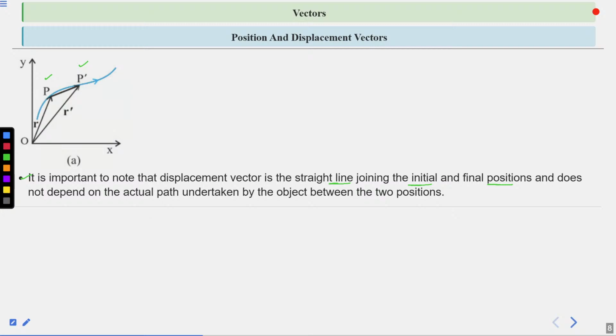Initial position is P and final position is P prime, and it does not depend on the actual path undertaken by the object between the two positions. It means displacement, this is very important. Displacement is a vector quantity. It depends on initial and final position. If the initial and final position is same, in that case the value of the displacement is equal to 0.